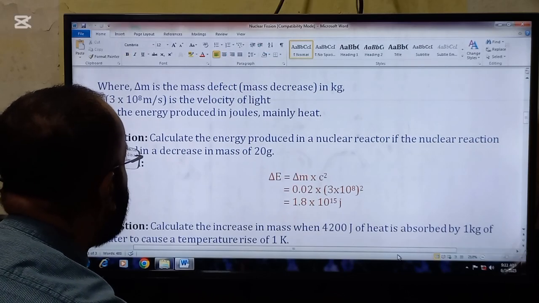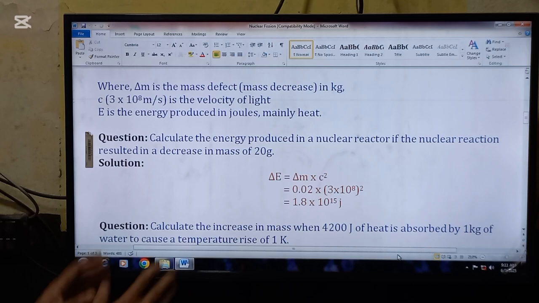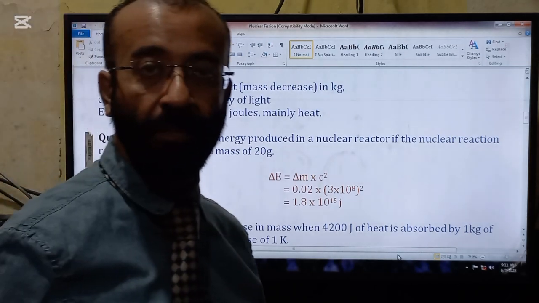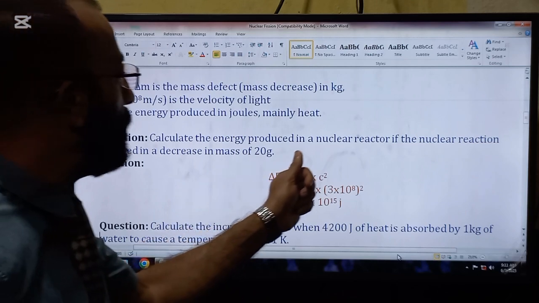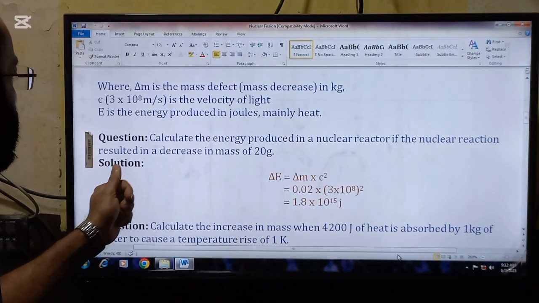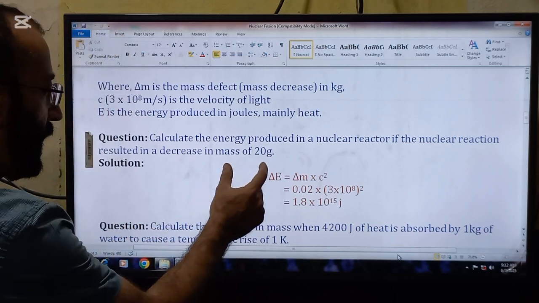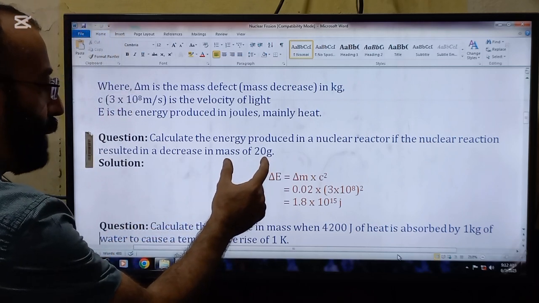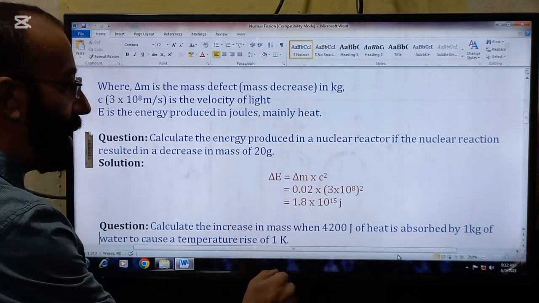Questions on mass energy equations are very frequent in the paper, so concentrate yourself. Calculate the energy produced in the nuclear reactor if the nuclear reaction resulted in a decrease in mass of 20 grams. So this is the mass defect, represented by delta M. The equation is delta E is equal to delta M into C squared.